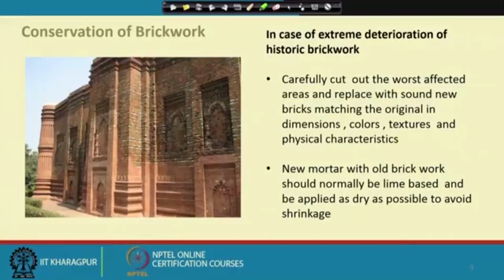So, with this we have discussed so far the historical monuments and their repair, decay and documentation process. In the next module we will talk at a little more macro scale.